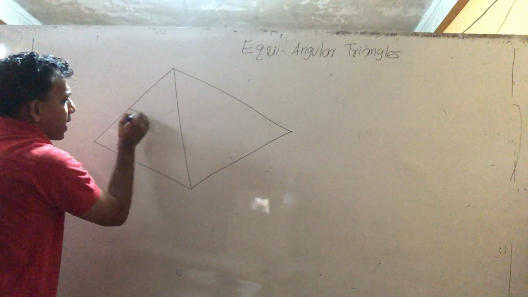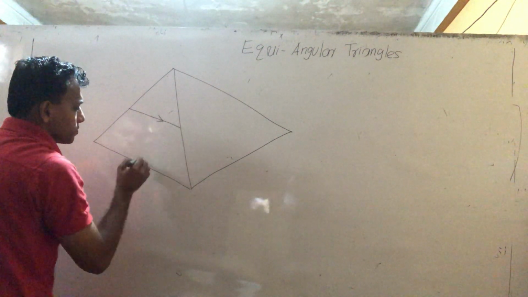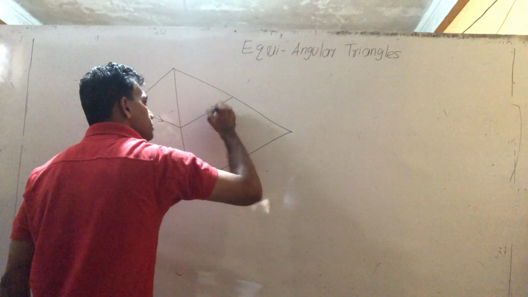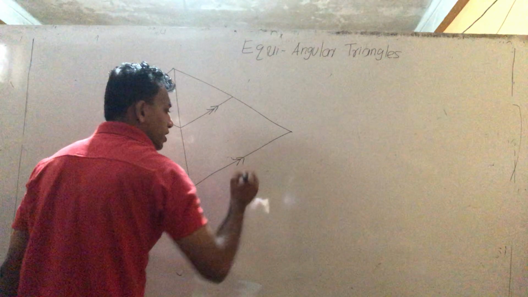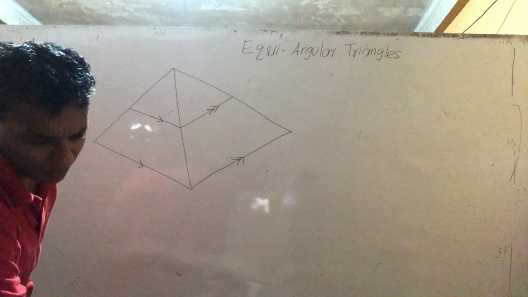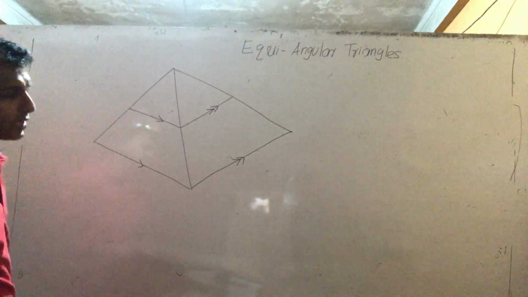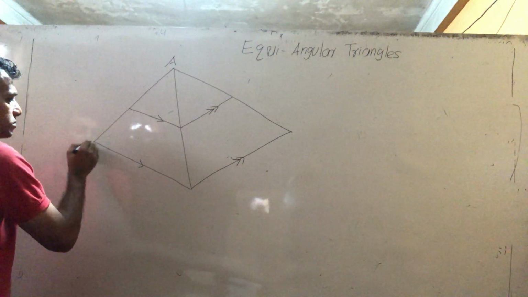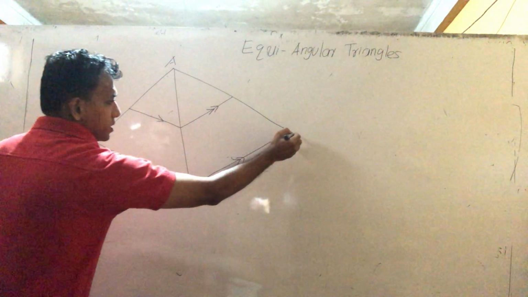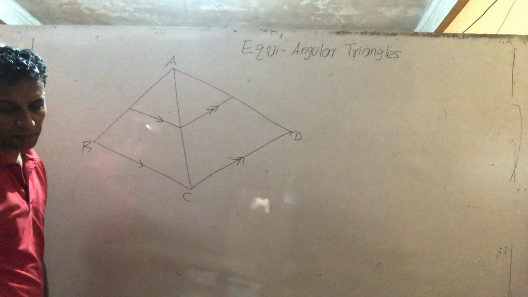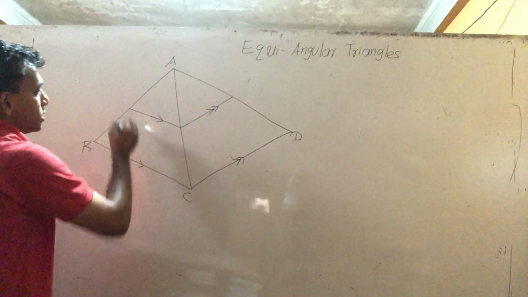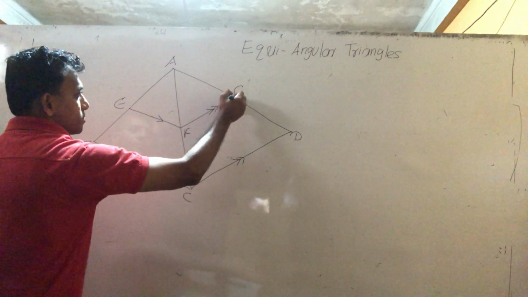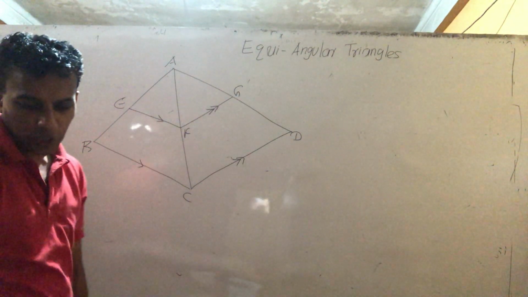Now draw a parallel line here to this, and draw a parallel here with different arrows, right? Now they name them A, B, C, D like this. Here I mention the names: A, B, C, D, and E, F, G. Now use the values.